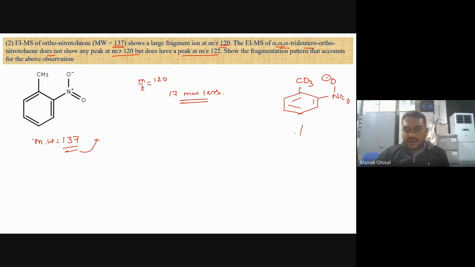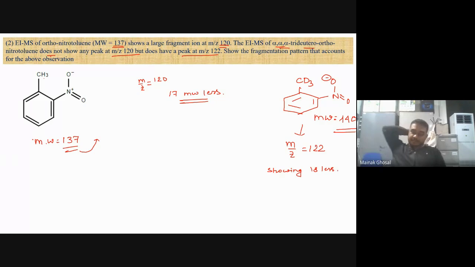Now from this one you get m/z equal to 122. What is the molecular weight of this compound? You are just replacing 3 hydrogens with 3 deuteriums, so you increase by 3. So it will be 140, so it will be showing 18 less, right?